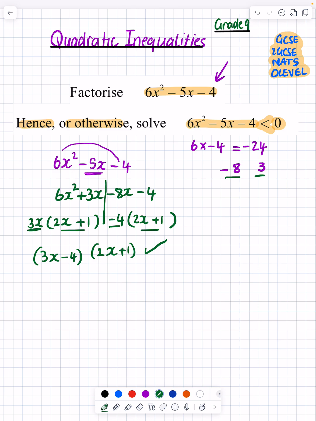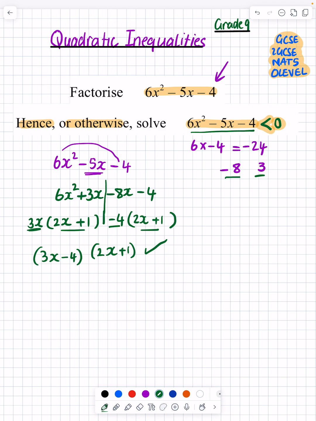Now the next part of the question says solve this inequality. So we have the same expression here, but then we have this inequality sign. It has to be less than 0. Here we have to find the critical values, by solving the same way as solving a quadratic equation.